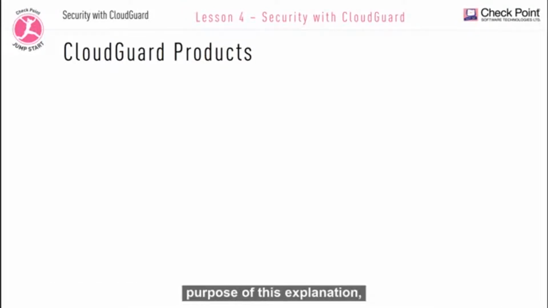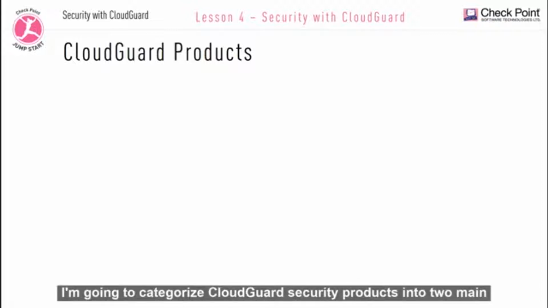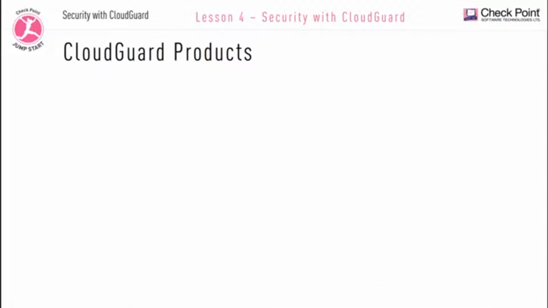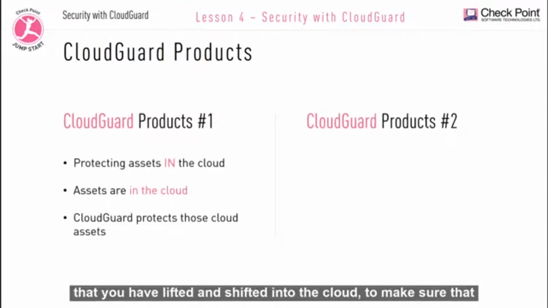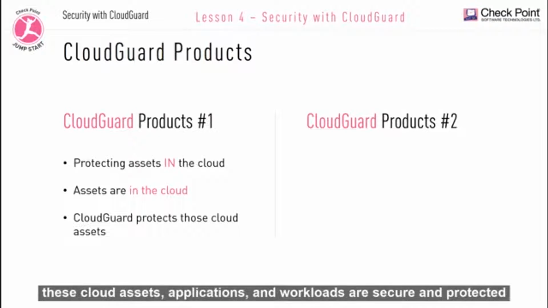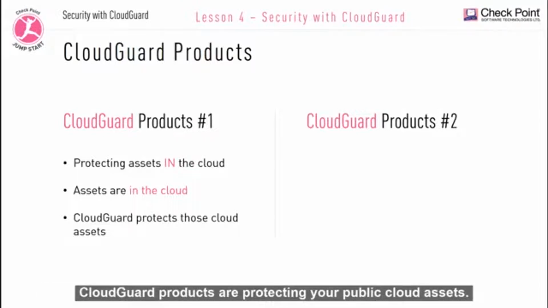For the purpose of this explanation, I'm going to categorize CloudGuard security products into two main categories. The first category is products that allow you to protect your assets that you have lifted and shifted into the cloud. To make sure that these cloud assets, applications, and workloads are secure and protected, CloudGuard products are protecting your public cloud assets.